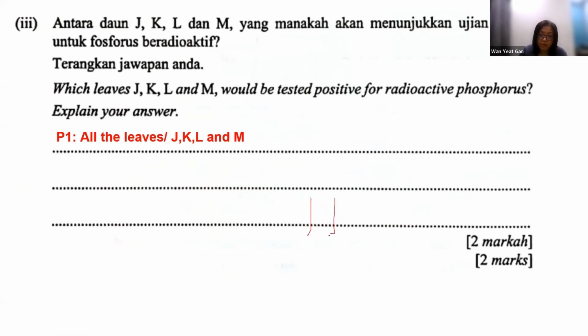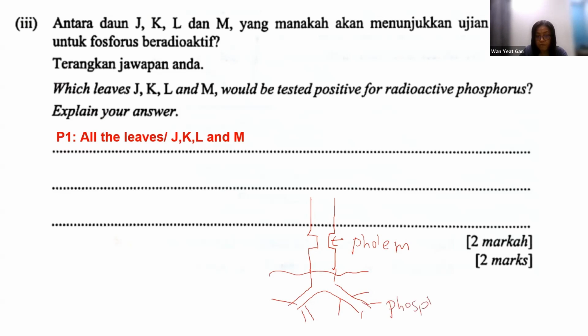Now remember just now when you removed the bark, you are removing only phloem. You are not removing xylem. So the roots that are immersed in the soil have lots of phosphorus. This phosphorus in the soil will still be absorbed through the xylem upward.